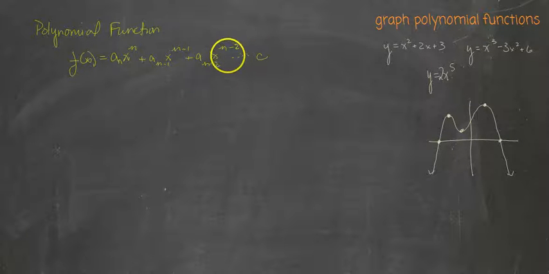And then these all have plus signs, and remember, if a is negative, then it would be a minus sign. And this goes on and on and on until you get to, generally we write the quadratic, linear, and constant term. So that would be a sub 2 x squared, that would be the quadratic term, plus a sub 1 x to the first power, plus a sub 0 x to the 0 power, but x to the 0 power is just 1, so we write our constant as a sub 0.